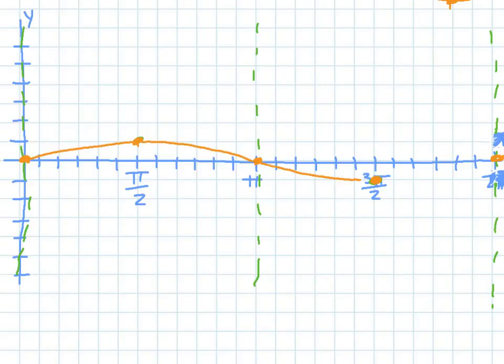looks like this. Okay, now remember, reciprocal should be kind of the opposite of that. Any time that your value of cosecant or sine gets to 0, your graph actually becomes undefined.